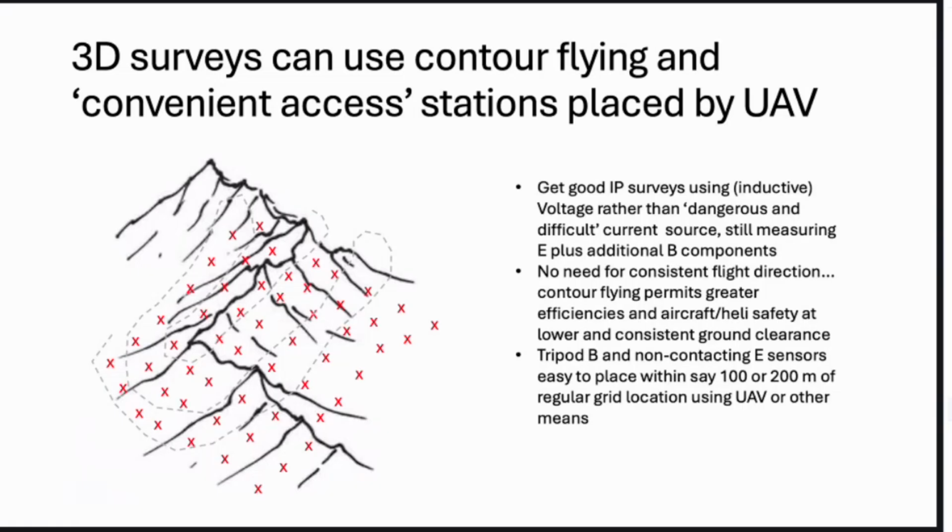We measure E plus additional B components, and we've got the E field sensors good for highly resistive areas. There's no need for a consistent flight direction. You can just do contour flying, so it's much more efficient and safer for aircraft and helicopters, with lower and more consistent ground clearance rather than trying to fly up and down hills.